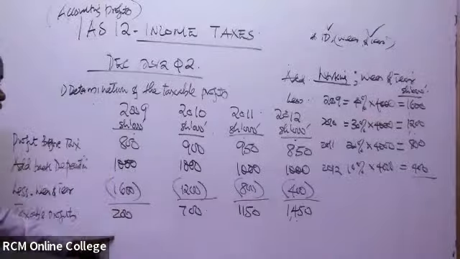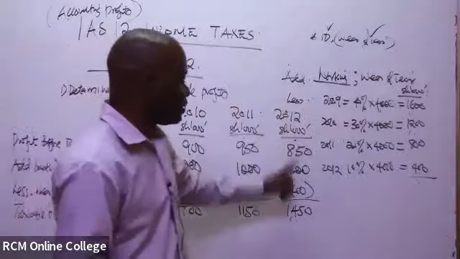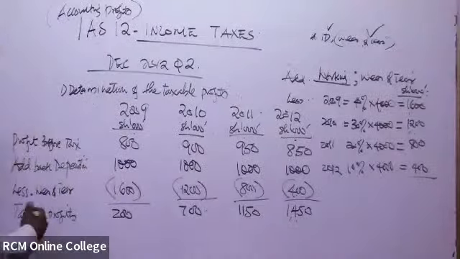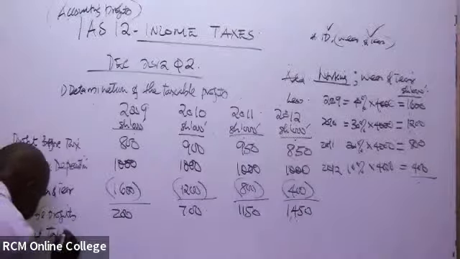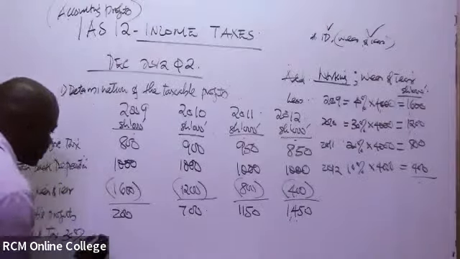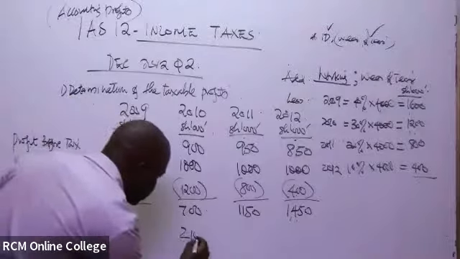So 30% of this, 30% of this, 30% of this. That will be the current tax. So the current tax would have been 30% of this one, which is 60. This one, I think, is 210. This one is how much?